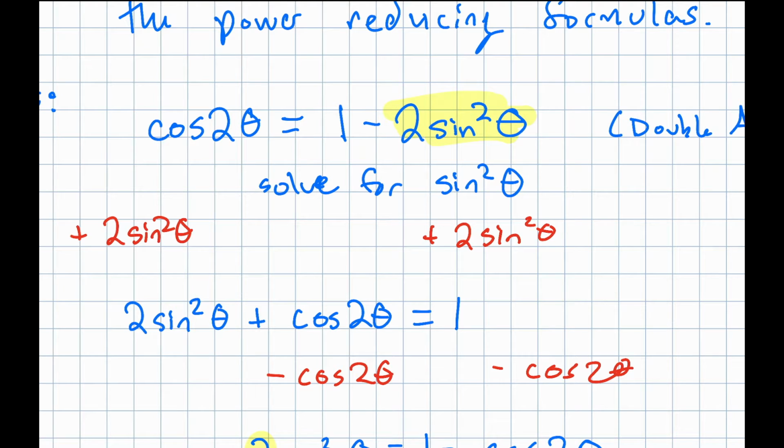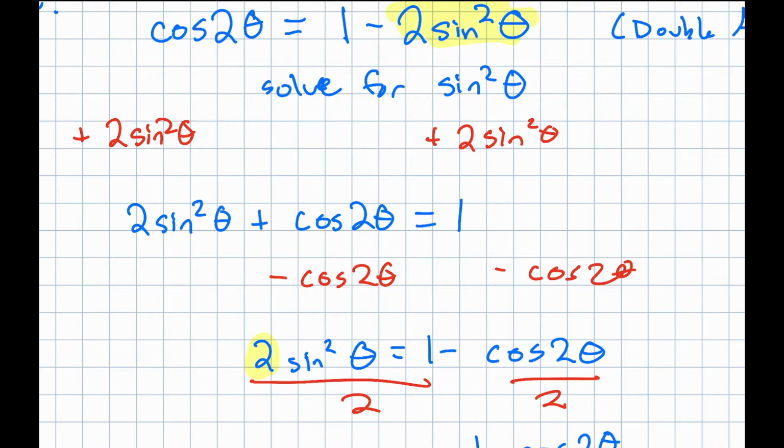If I want to make it positive, one way is to add 2 sine squared theta to both sides. I end up with 2 sine squared theta plus cosine 2 theta equals 1, just by moving this over to the other side.